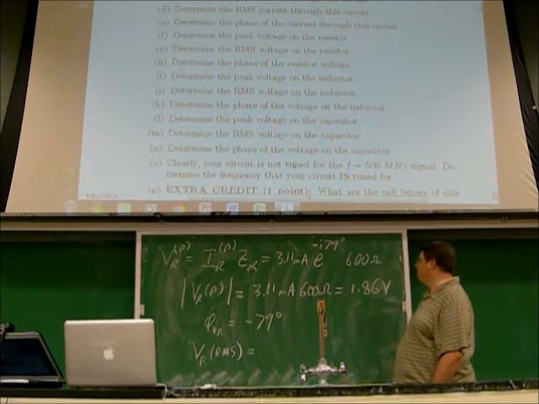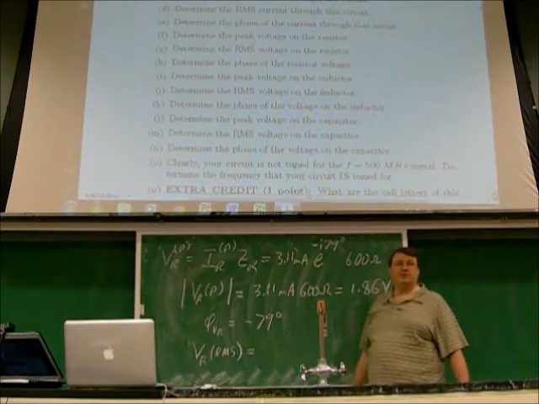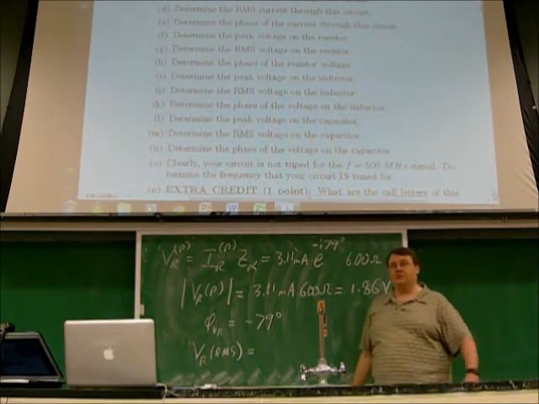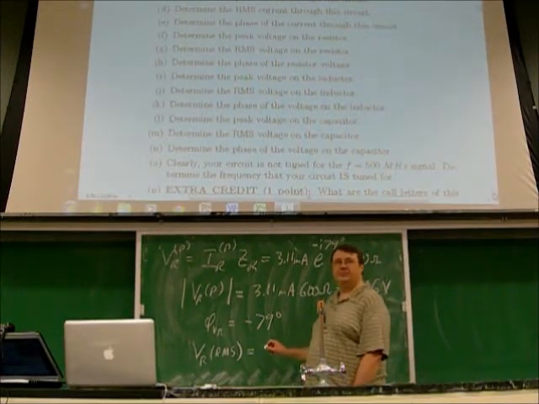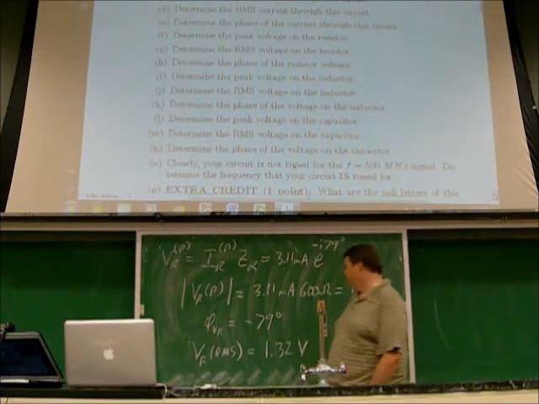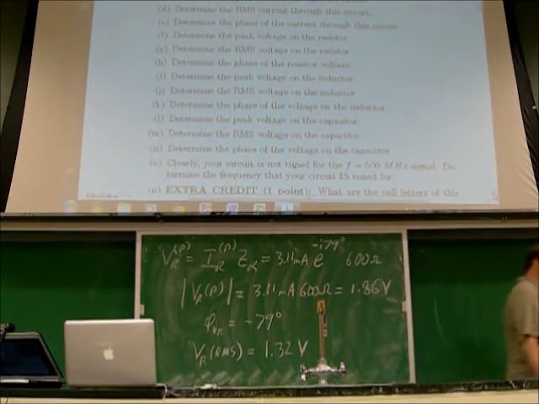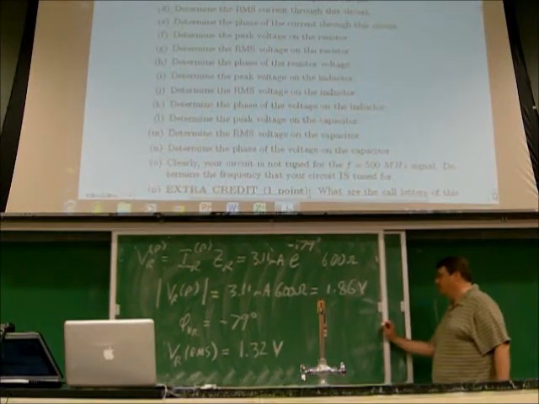You can either take this over square root of 2, or you could pretend that you put the 2 point whatever in here in the first place. It's just dividing by the square root of 2 well in advance or now. And what do you get? 1.32. The inductor gets even more than this. How about the capacitor? Even less, because it's only 106 ohms and this resistor is 600.